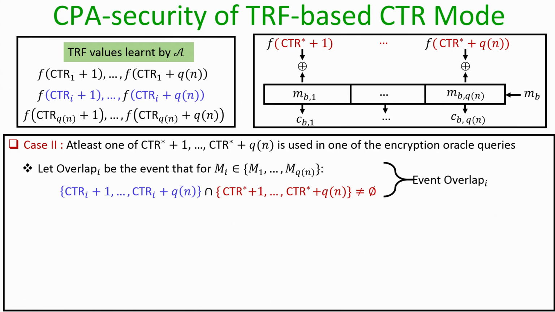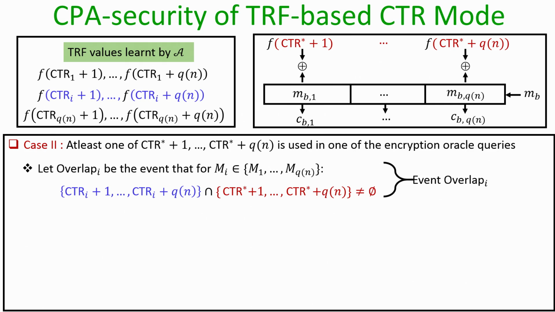So, for that let me consider an event overlap I. That is an event I am defining, and the event overlap I denotes the event that when the challenger is encrypting the ith encryption oracle query from the adversary, the counter values used for encrypting the blocks of the message MI get overlapped with the counter values which have been used by the challenger to prepare the challenge ciphertext.